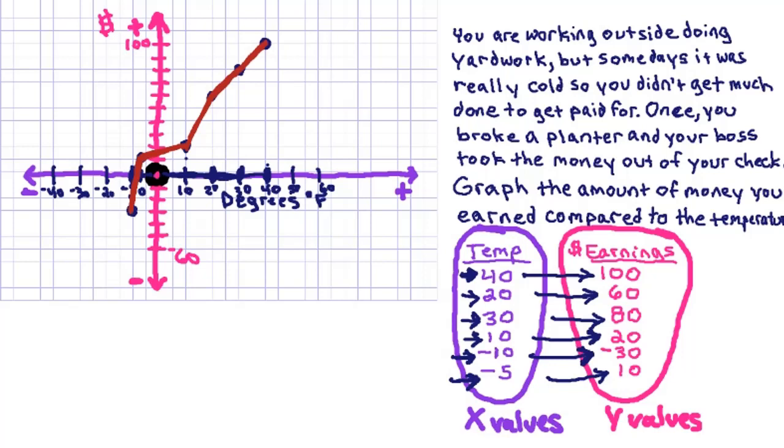Now if you notice, when I made this graph, I made the x-axis going from left to right, and I made the y-axis going up and down, and they crossed in the center where this big black 0 is, because the x-axis and the y-axis always have to share their 0. The 0 point is where the x-axis and the y-axis come together.